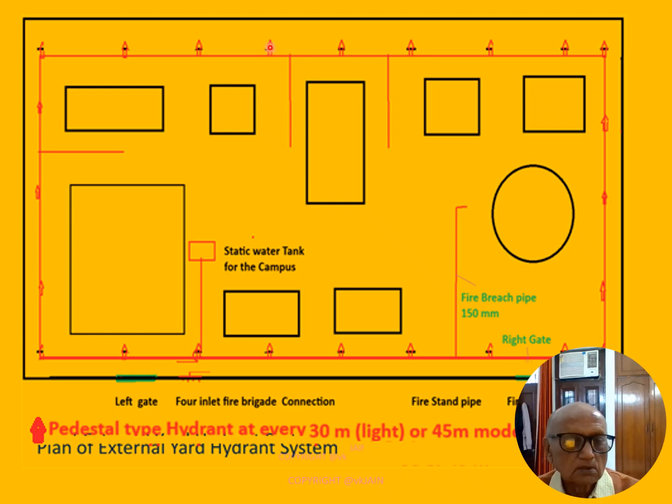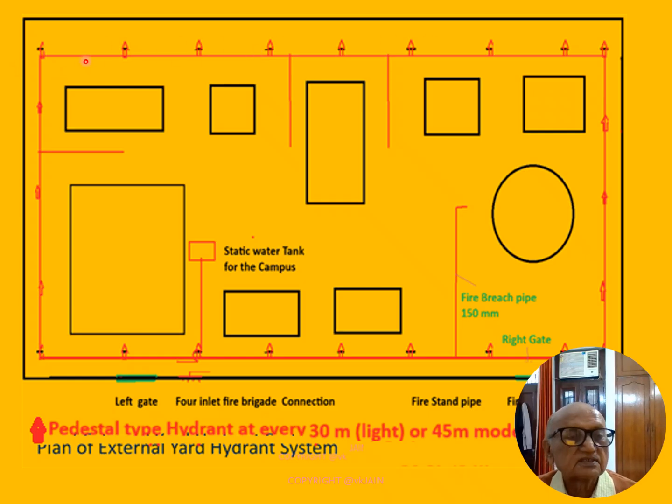They are shown 30 meter for heavy hazard, and 45 for moderate hazard systems. That means this distance should be either 30 or 40, 45.